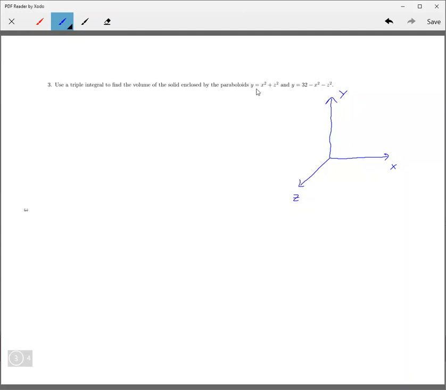And then, here you have this surface right here, y equals x squared plus z squared. That's some surface coming up this way. Then you have this other surface here, 32 minus that.